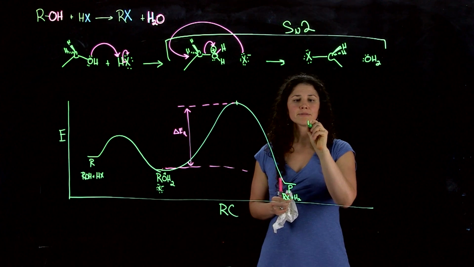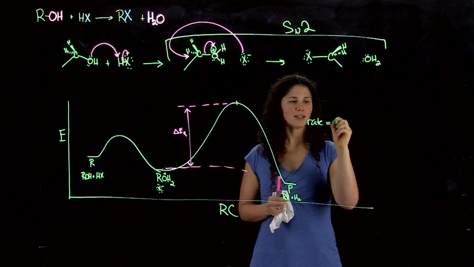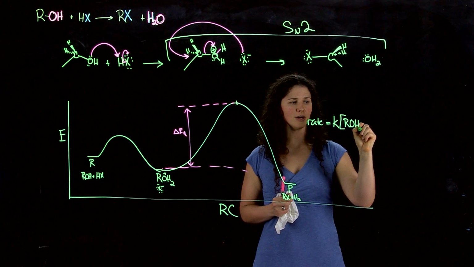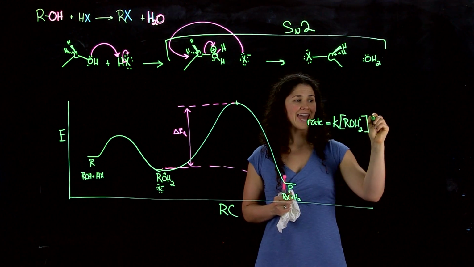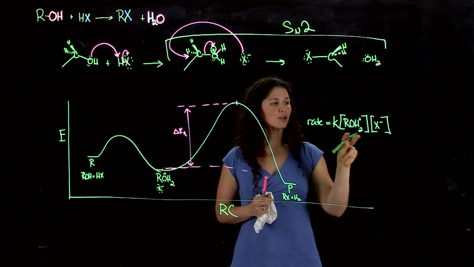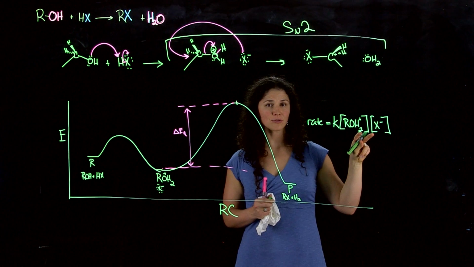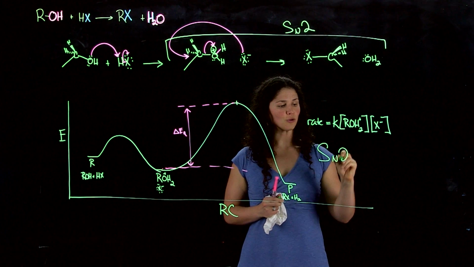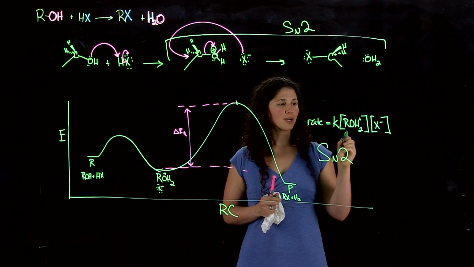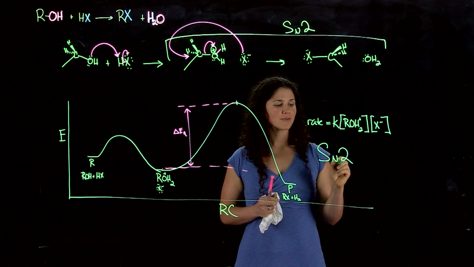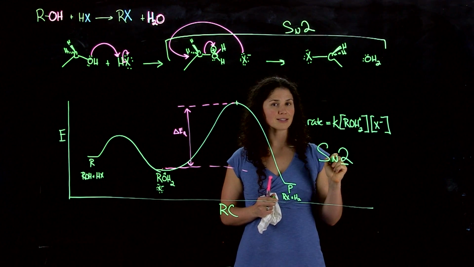So that means that my rate is dependent on both of those things. So it's dependent on the protonated alcohol and the halide. Now, because there are two different types of molecules or ions in this particular reaction rate, this is called an SN2 mechanism. So again, two things in the rate law gives you the SN2 mechanism.